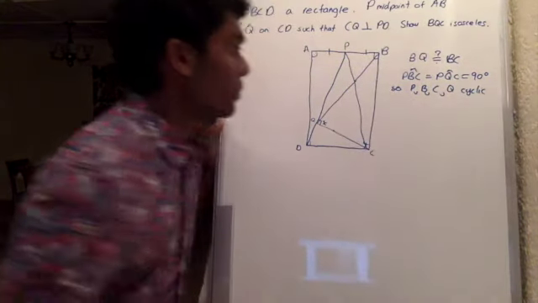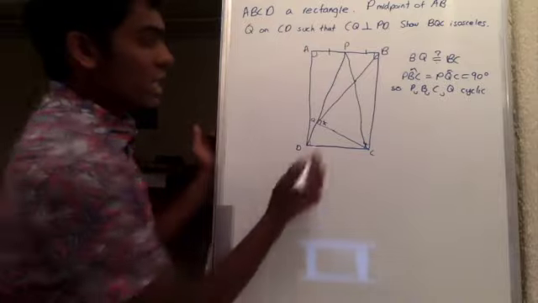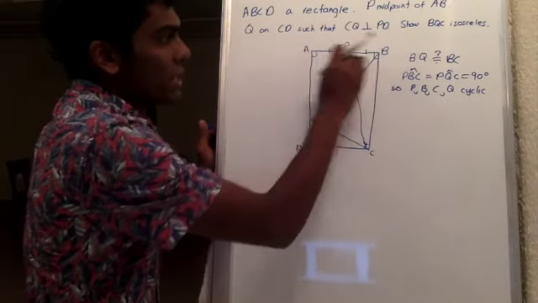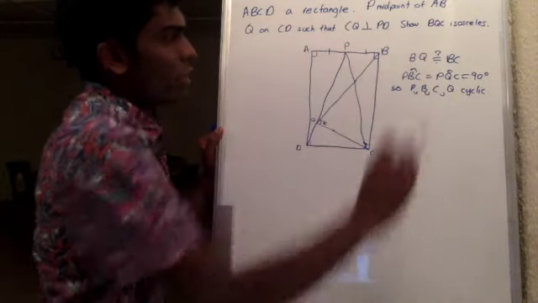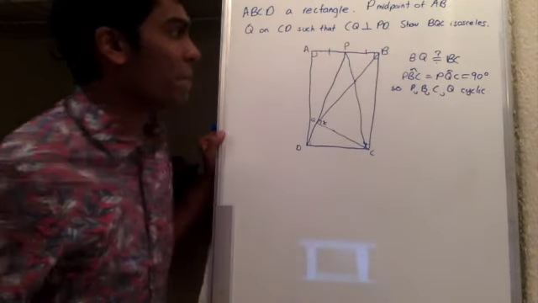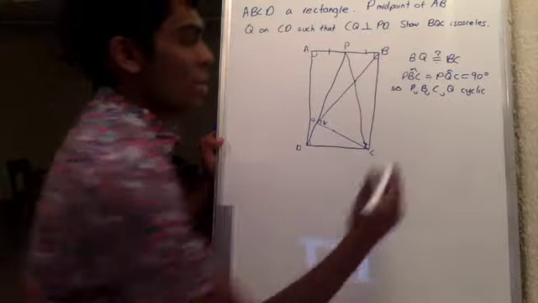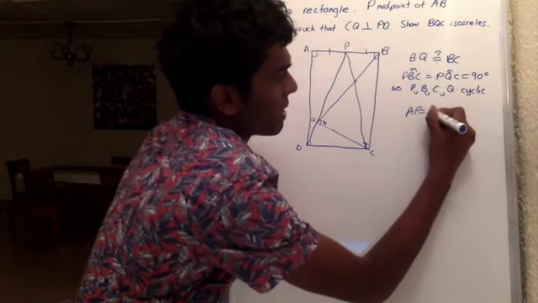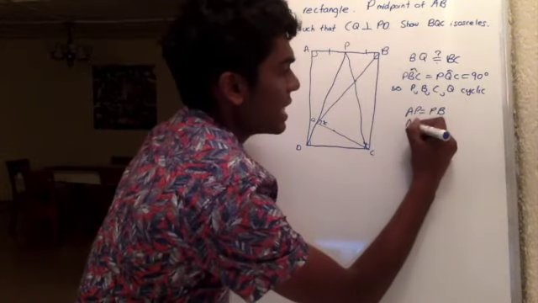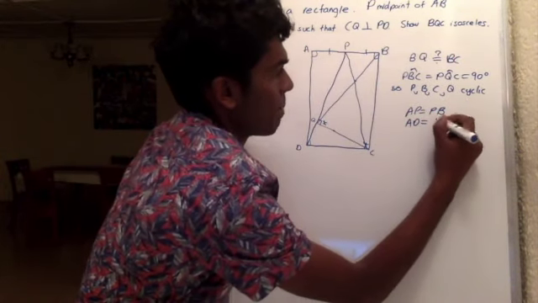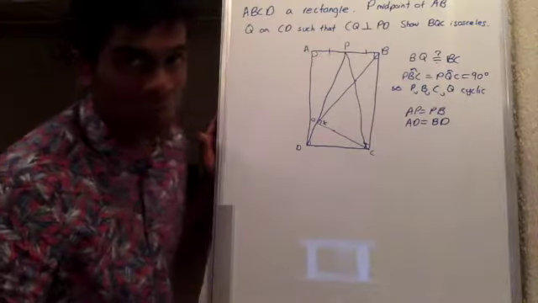Now, we've used this 90 degree angle, but we haven't really used this midpoint. P is a midpoint of AB, which means that AP and PB are equal to each other. So AP equals PB, and we also have that AD equals BD. Why? Because it's a rectangle.